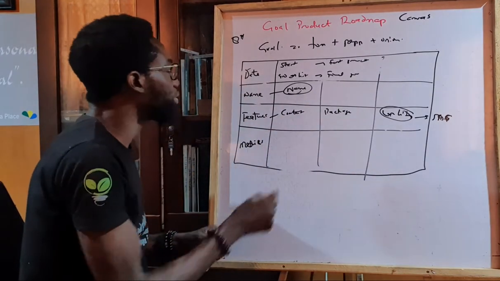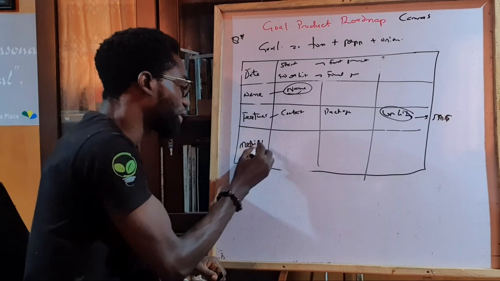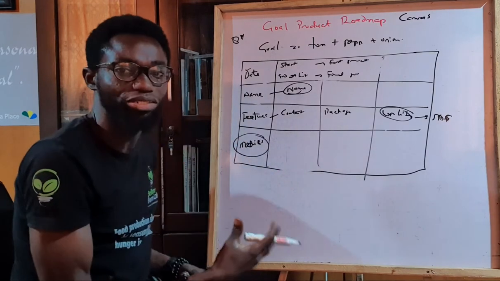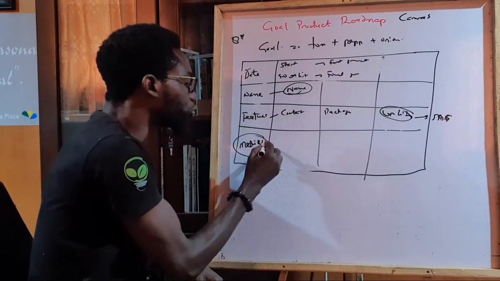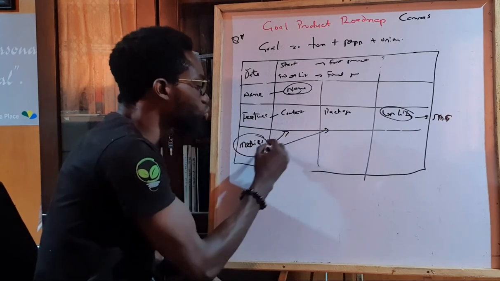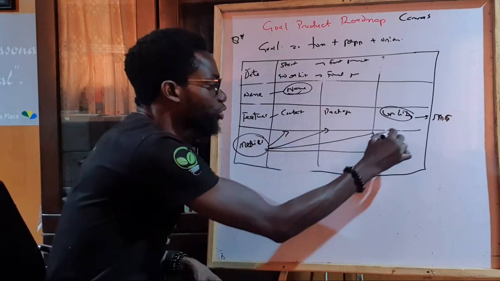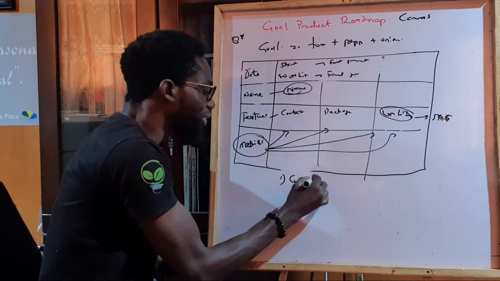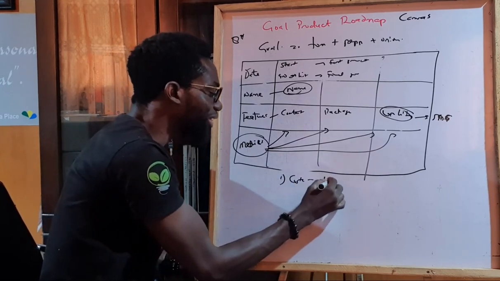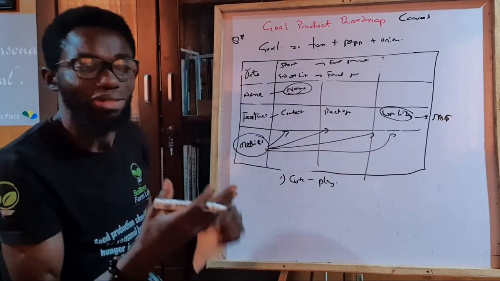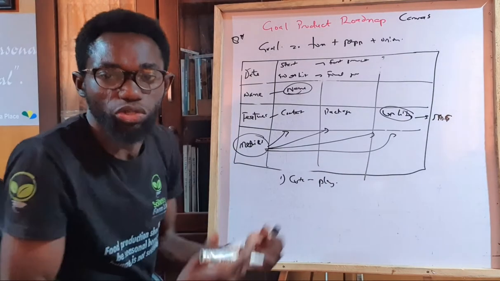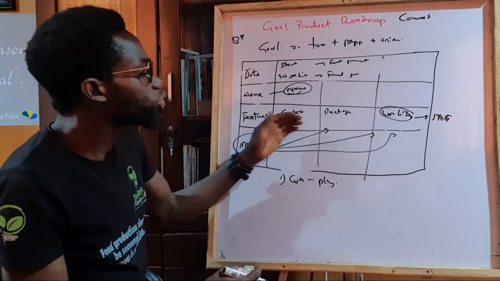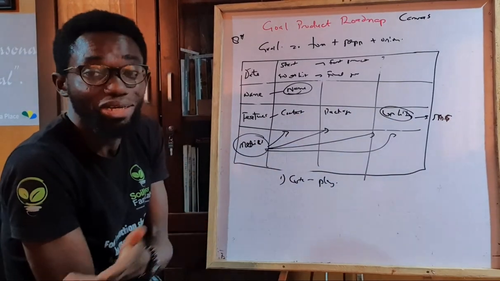And finally, under the Go Product Roadmap canvas is your metrics. What do you have in place to measure each of these features? Number one is to be certain that the feature actually plays a vital role that appeals to your customer, because it will not make sense to have a feature that the customer does not care about.